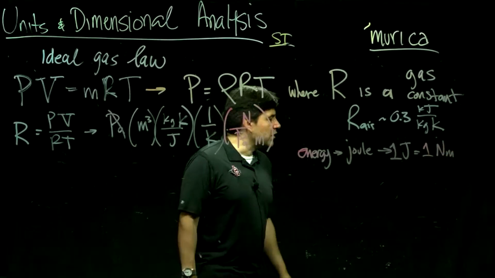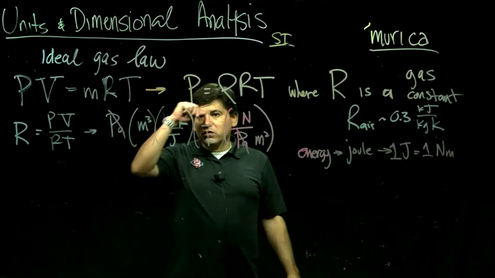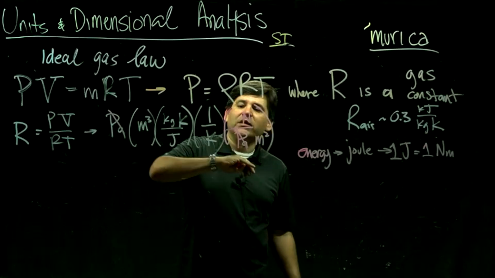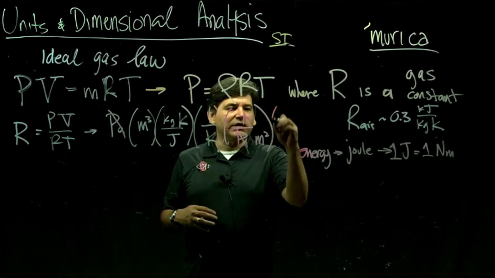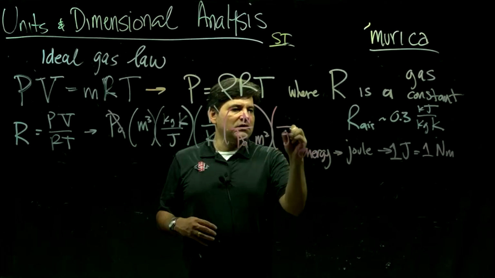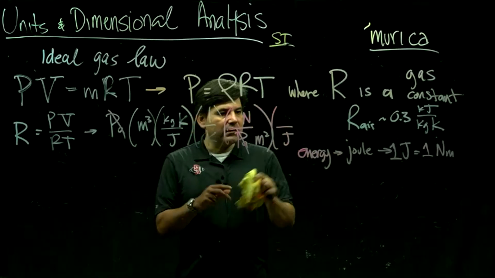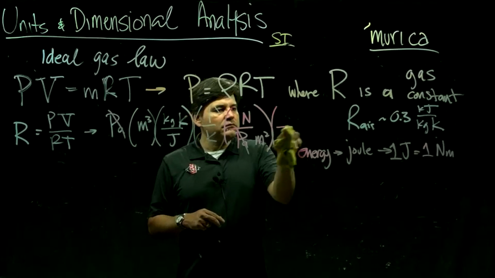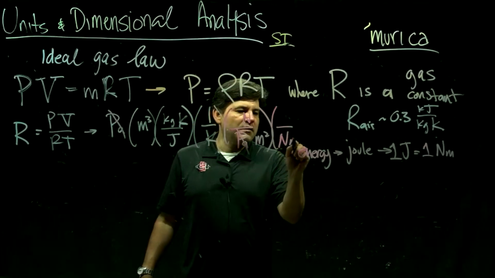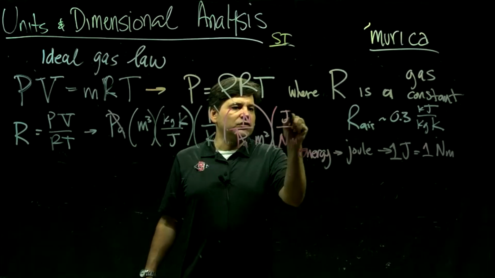We'll elaborate a little bit on that, but that's how we'll go from pascals to newtons per meter squared, then to Newton times meter, which would give us energy. So 1 Newton meter is equal to 1 joule.